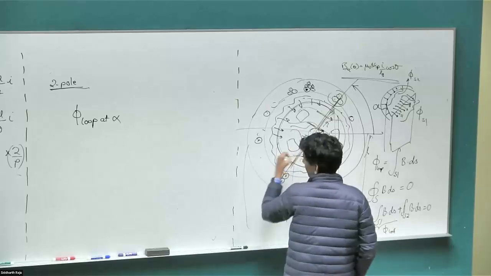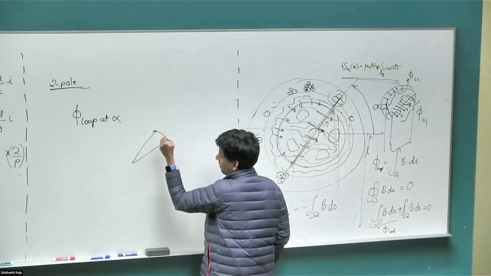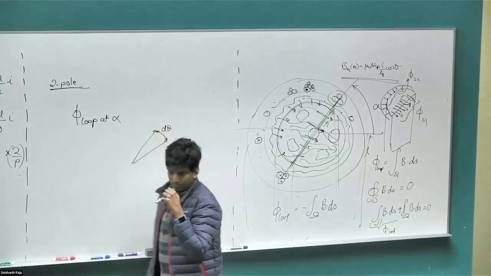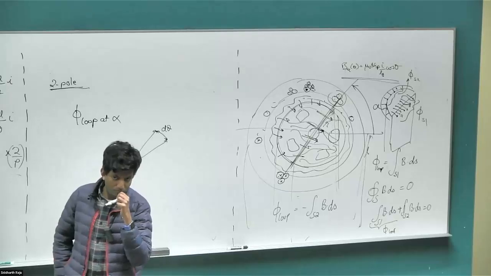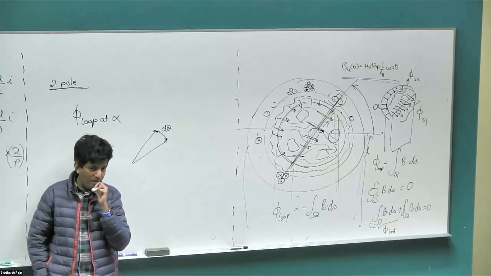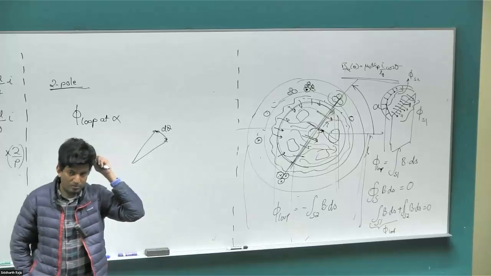Let's say for some angle d theta, how do I figure out the number of coils in that angle? For a tiny span d theta, how will I figure out the number of coils in that angle?